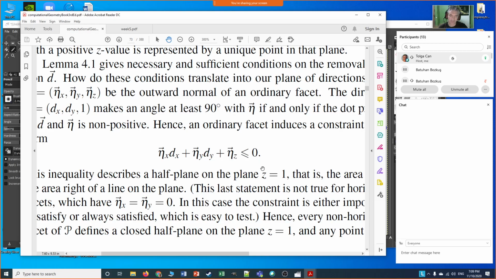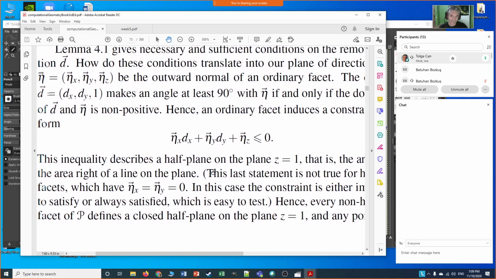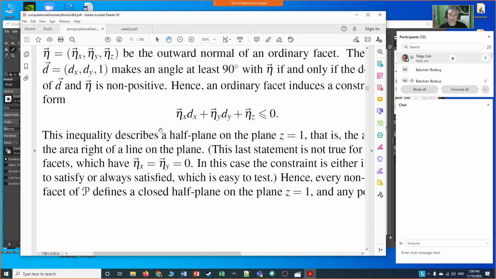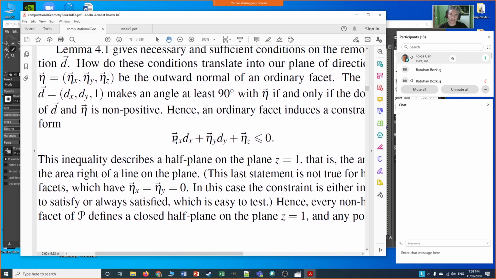It has to make greater than or equal to 90 degrees, which means that the dot product should be less than or equal to 0. All right, so we will have such a constraint for every one of the faces of the polyhedron.